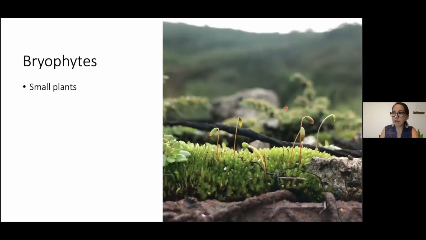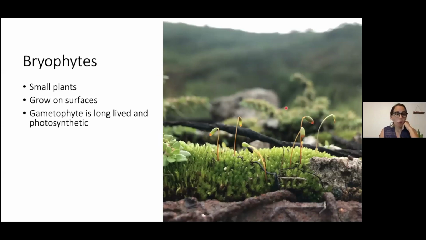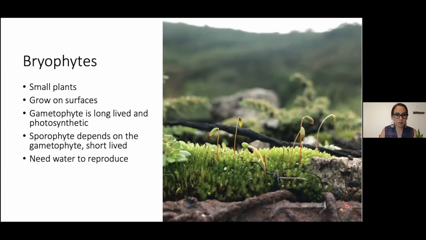So together, the bryophytes, as I said, are small plants. They grow on surfaces, and they have a gametophyte that is long-lived and photosynthetic. They have a sporophyte that depends on the gametophyte and is short-lived. And they need water to reproduce.